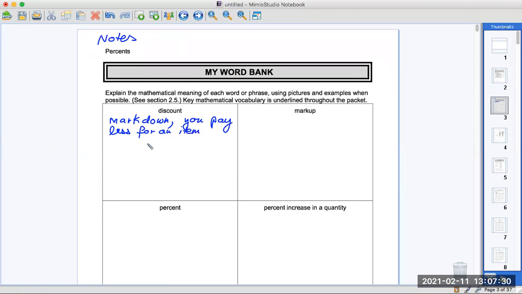A discount can be as a percent, or a dollar amount discount.